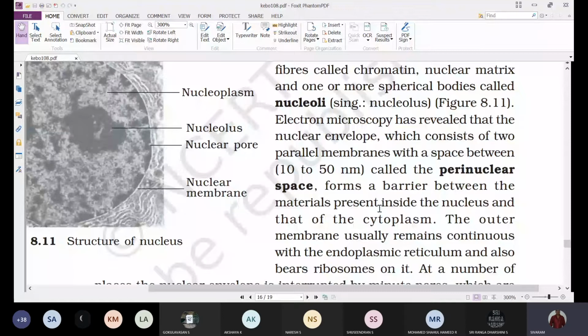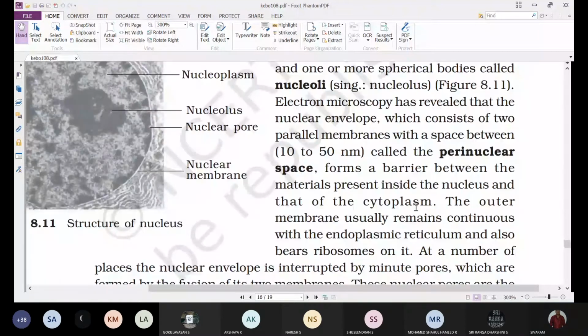A minute space of 10 to 15 nanometers will be present between the two membranes of the nucleus or nuclear membrane.